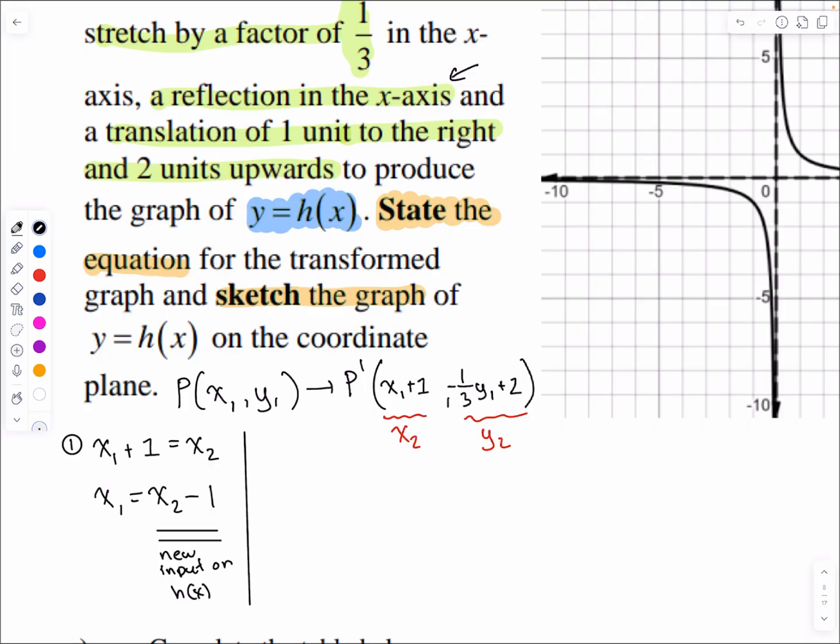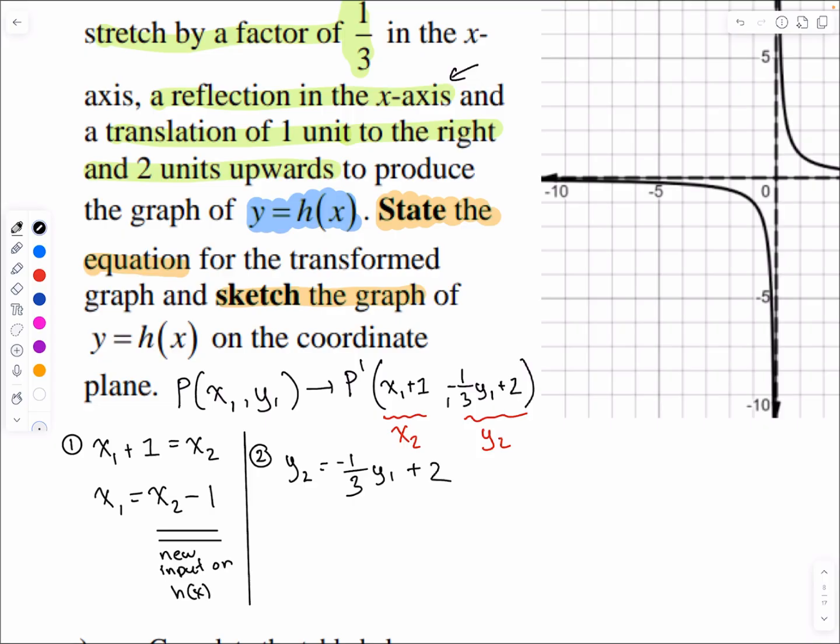The next thing we can take a look at is the second piece with the y values. Our new y values are equal to negative 1/3 y1 plus 2. I'm just going to rewrite this a smidge.